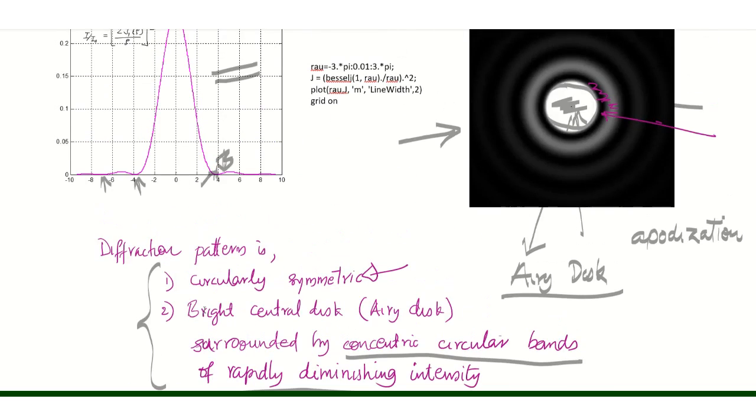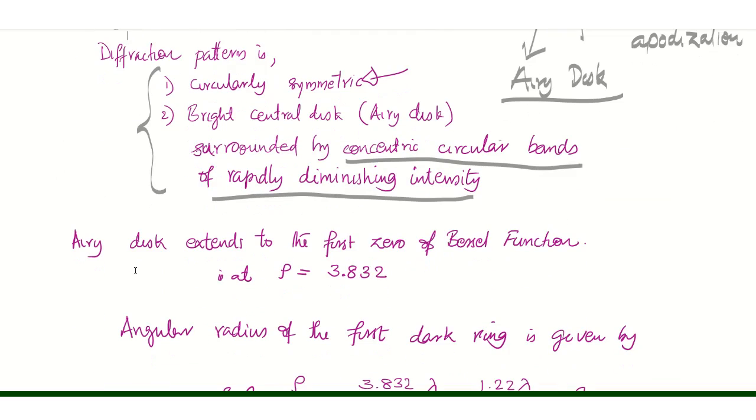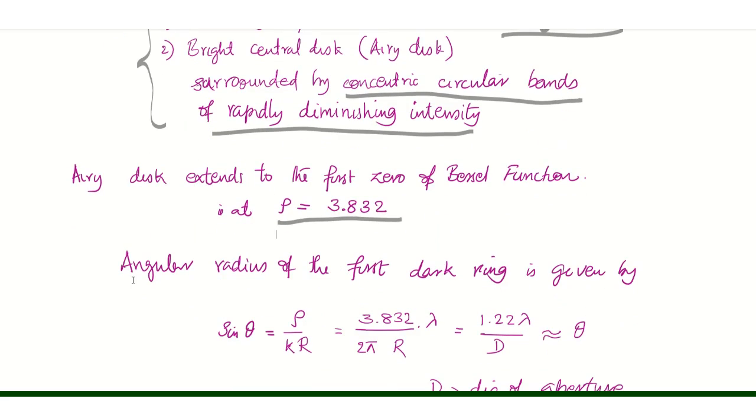Now let's see where the first minimum is. That is roughly about 3.8. Okay, it's just below 4. You can see that, and that is where your zero is. Rho equals 3.832, and therefore the angular radius of the first dark ring can be computed from rho equals k r sin theta.